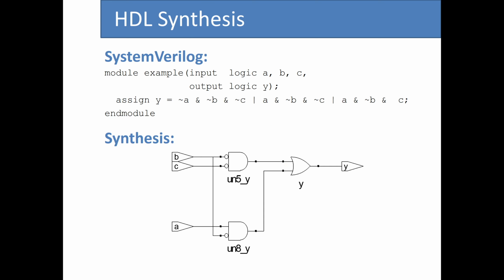And after that, after the simulation is done and we verify that the functionality that we want to have is accurate, we can do the synthesis. So this is the result of synthesis of this function. Of course, one thing that you might notice is that for the original function, we had three input AND terms or min terms, and to create the whole function, we had the 3 input OR gate.